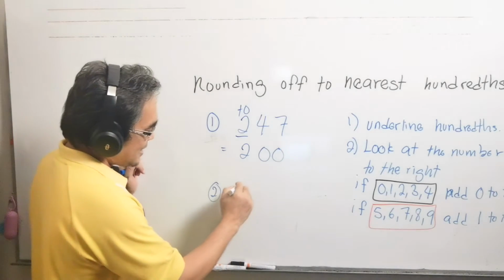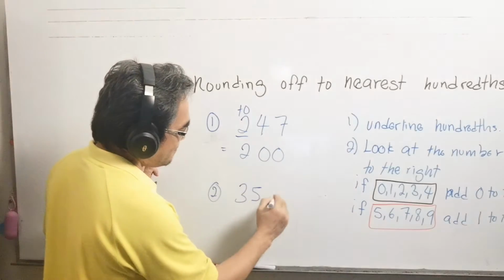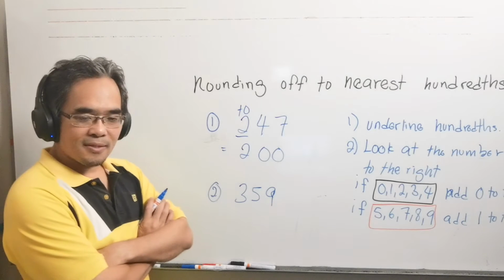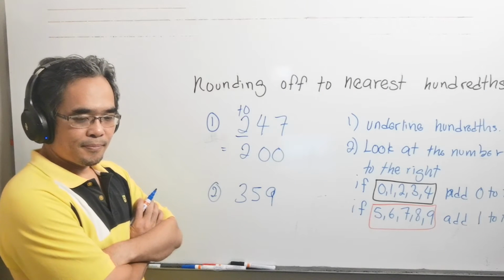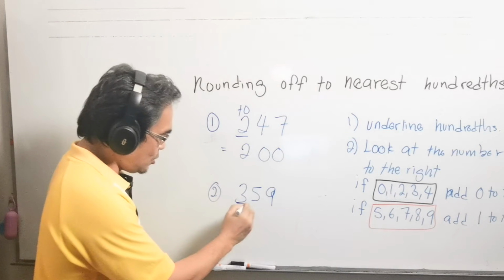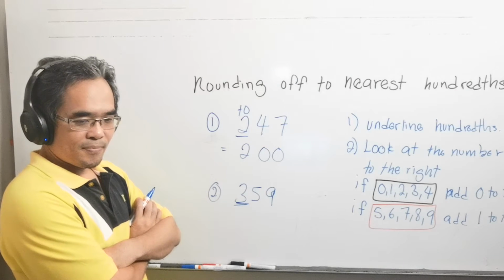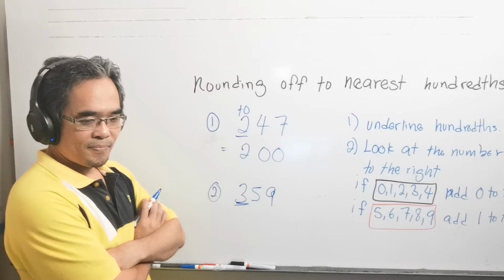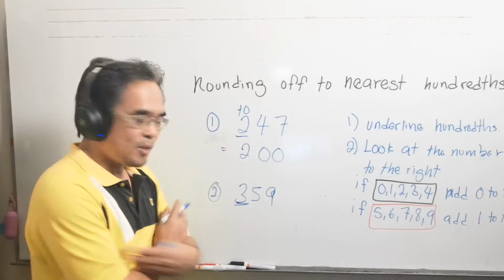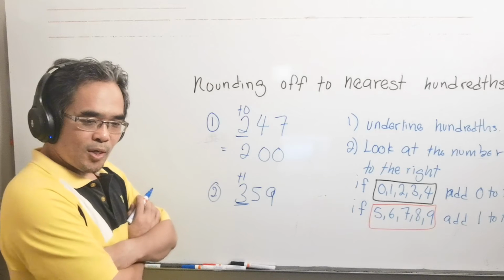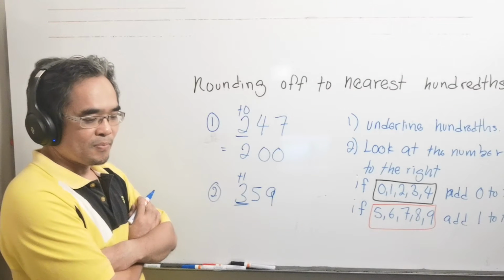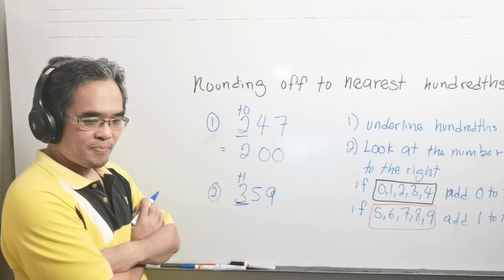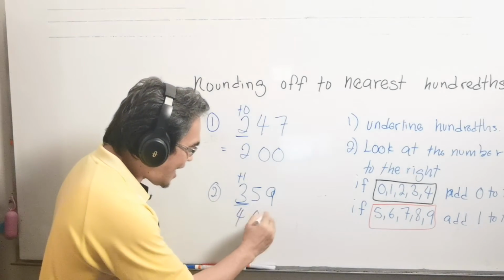Okay. 359. Round off to the nearest hundreds. Good. You add 1. So it becomes 400. Excellent.